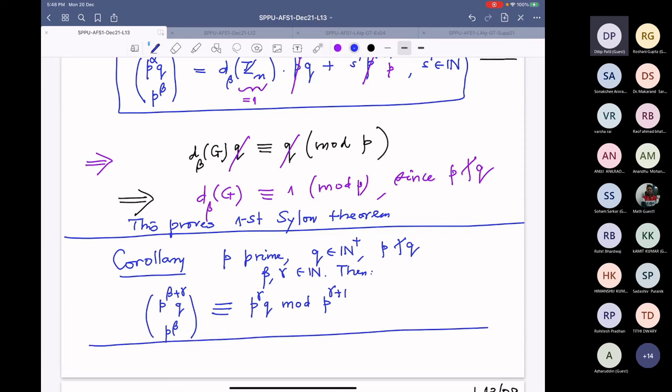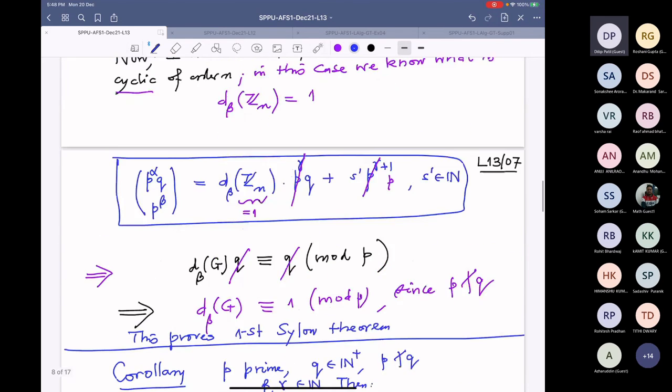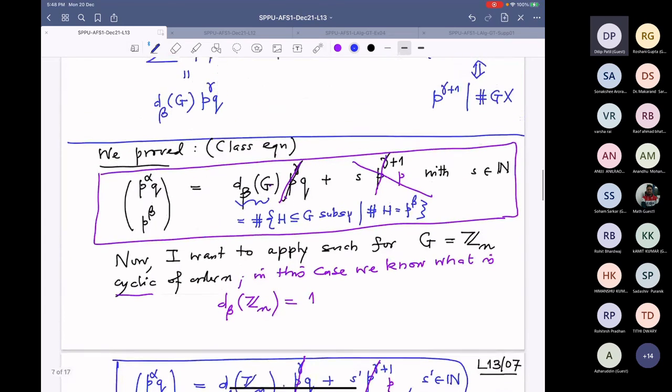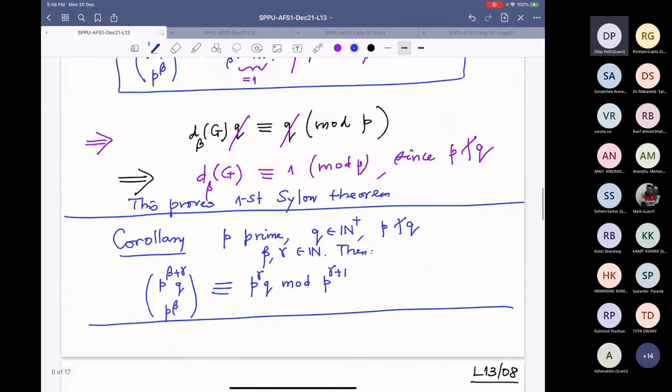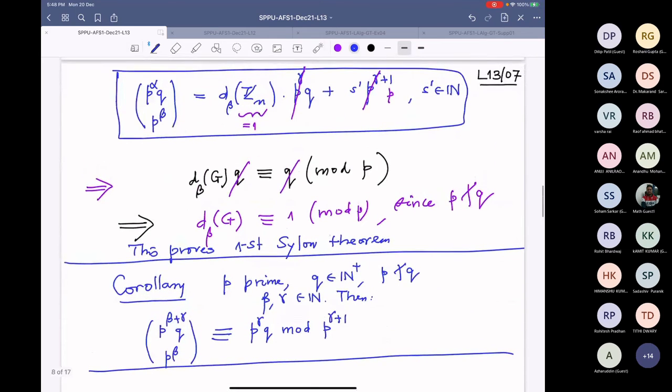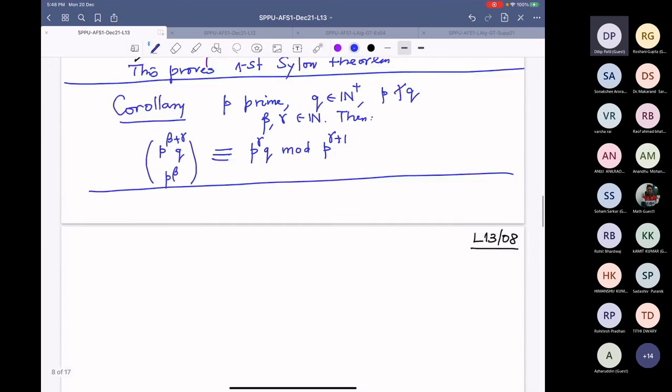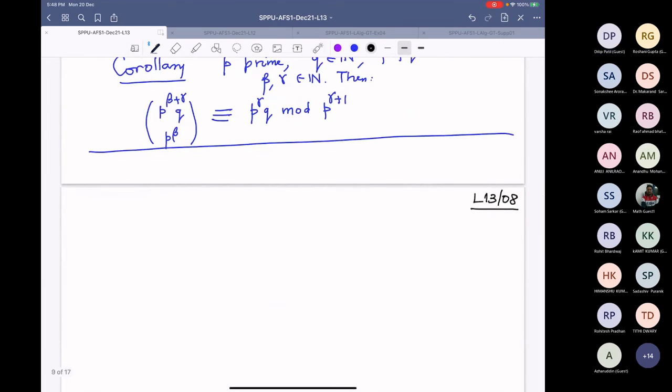This is what we have proved. I didn't cancel, and I read it mod p^(gamma+1). And then this is obvious. So that's a corollary.